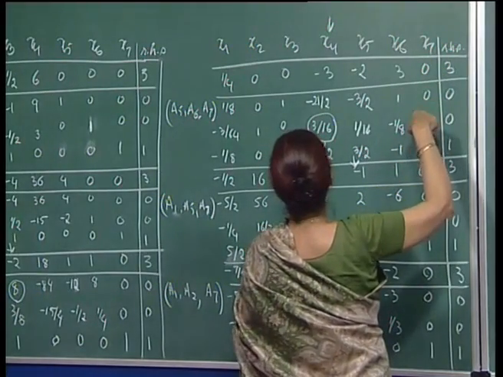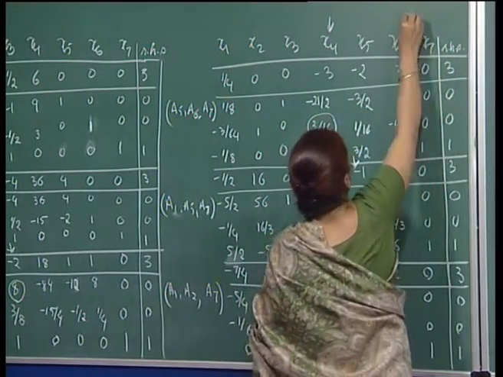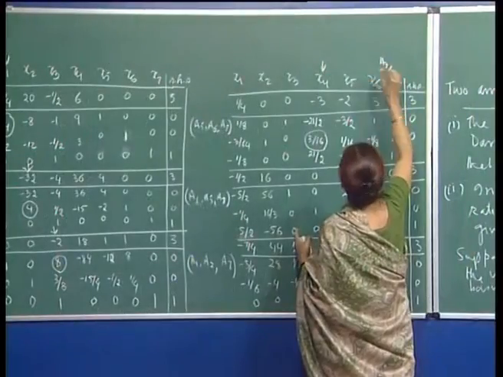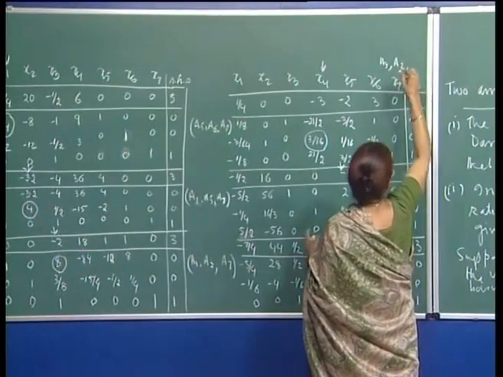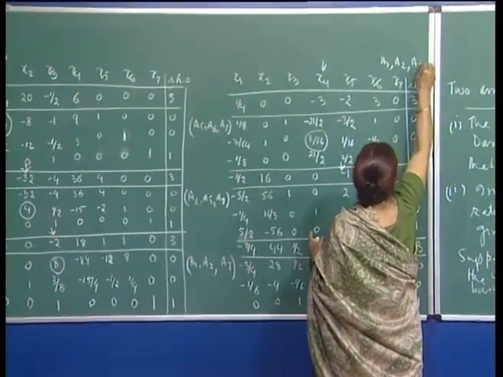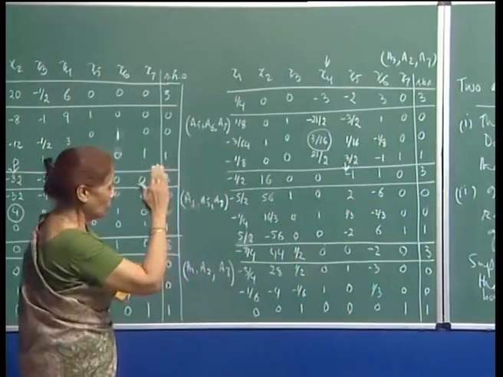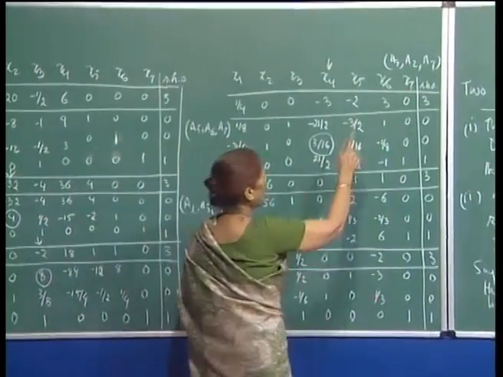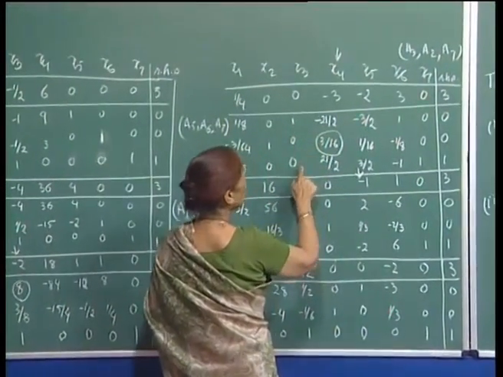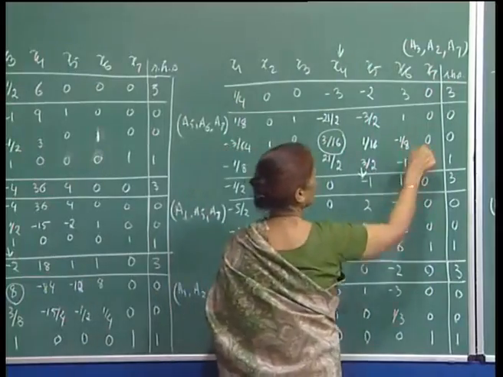What was your basis here? A3, A2 and A7. Corresponding to this. And remember, that is why you always write the first basic column, that means corresponding to 1, 0, 0, then 0, 1, 0 and 0, 0, 1.